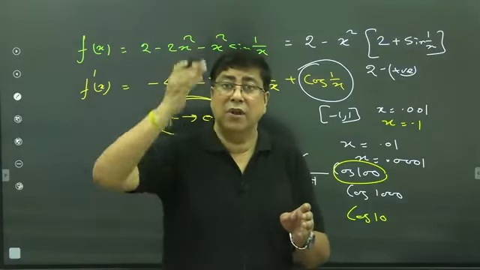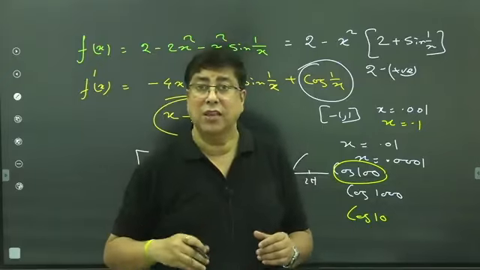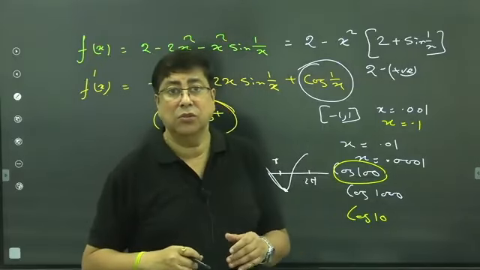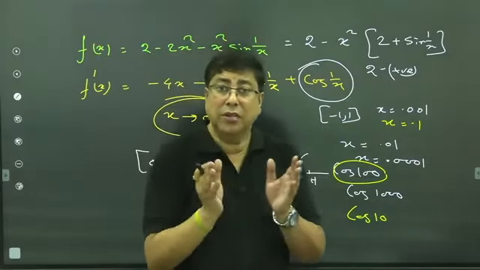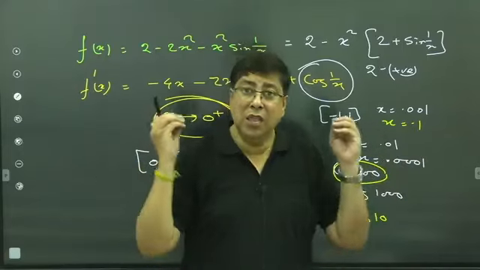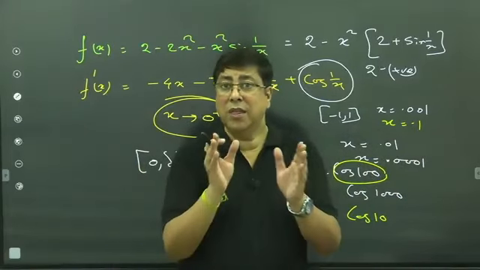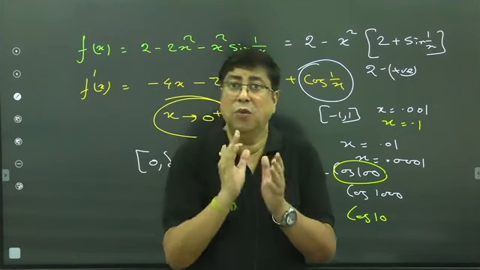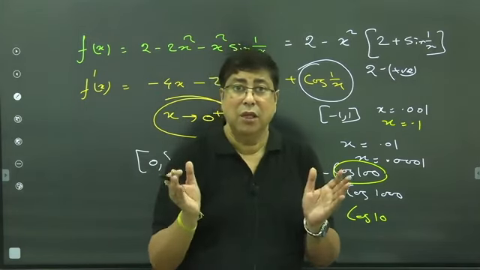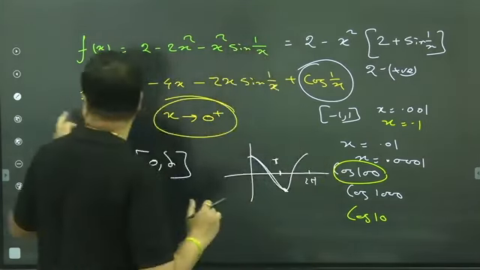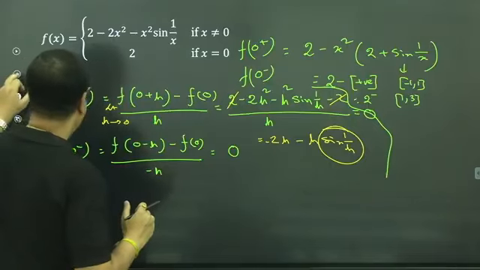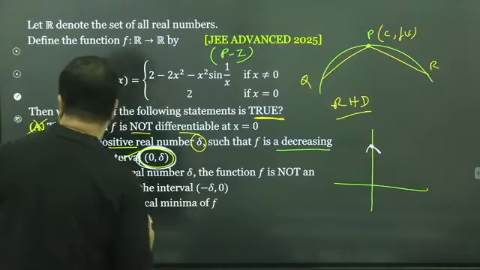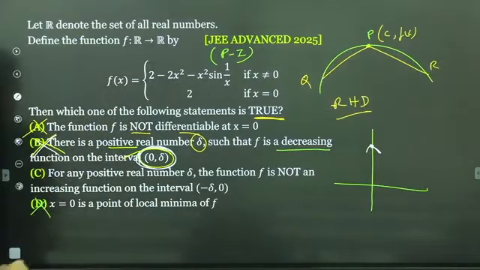Once increasing, once decreasing, 13 to 14 cycles are there. So it is not possible to get any interval. Interval means some value, but we cannot give some value. That is why there is no chance. Somebody is telling B, but there is no chance that the answer is B.